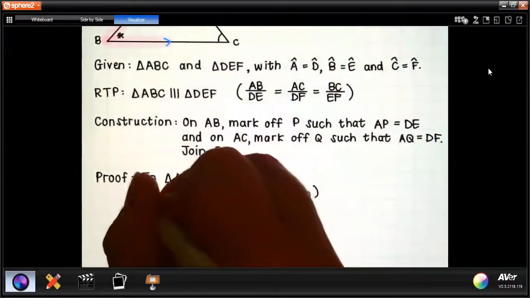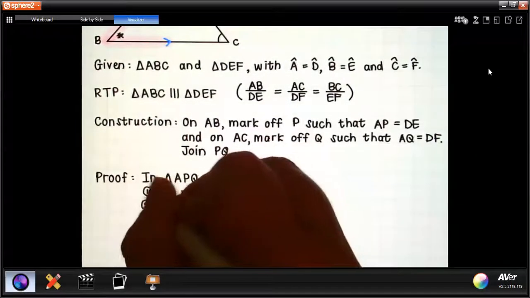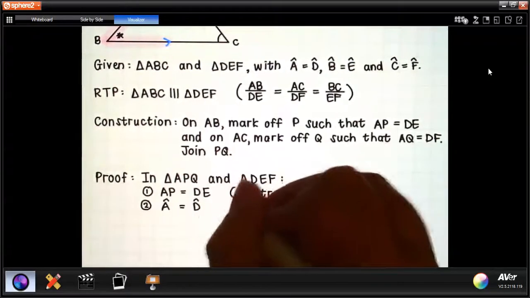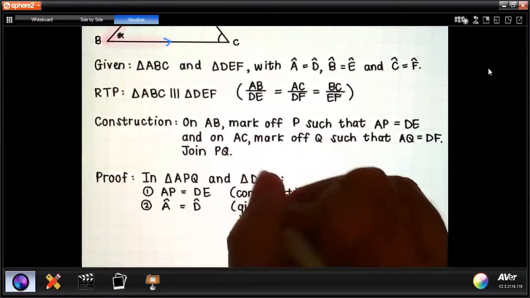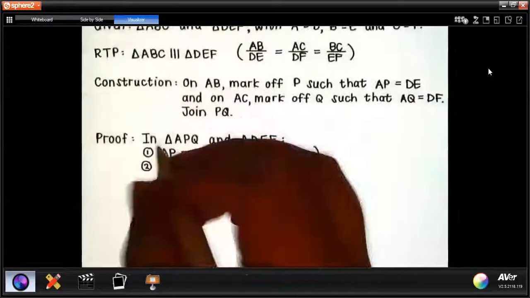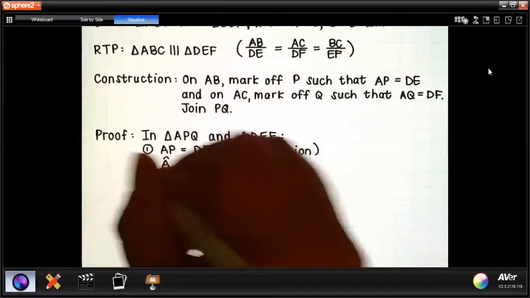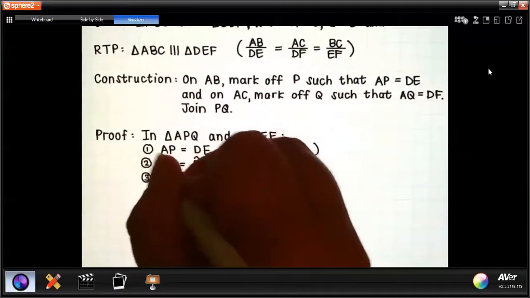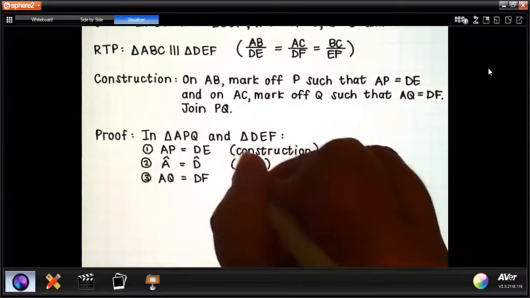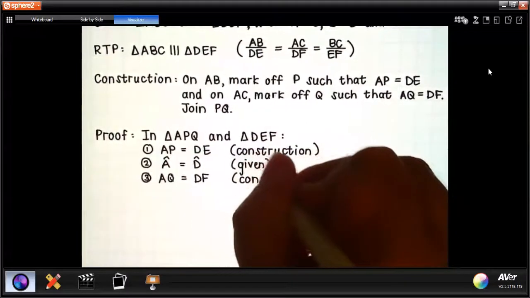The second point is that angle A is equal to angle D, and that is given. There we go, it was given up there. The third point here is that AQ is equal to DF. That is also because we constructed them to be equal.